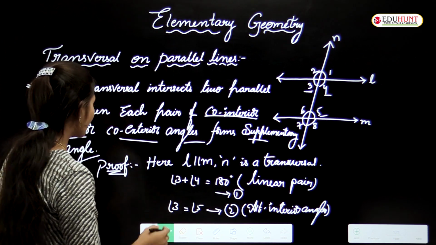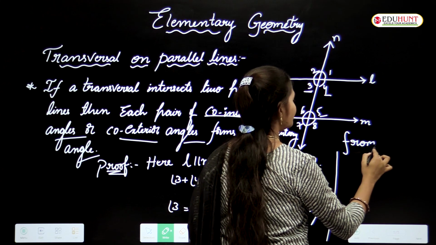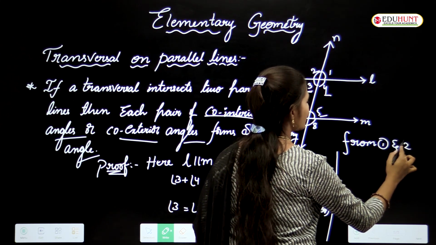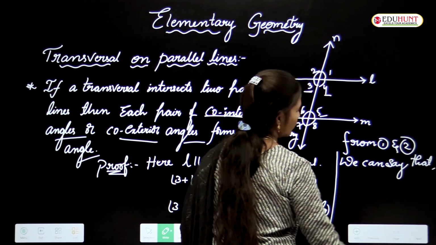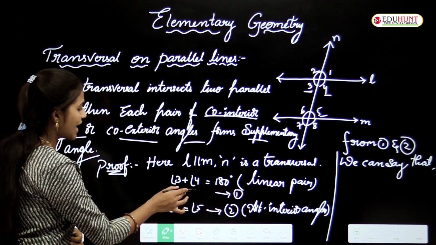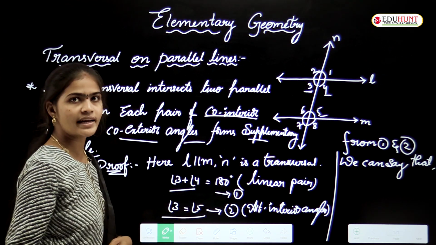Is it clear? So from conditions 1 and 2 we can say that angle 3 plus angle 4 is equal to 180 degrees and angle 3 is equal to angle 5.